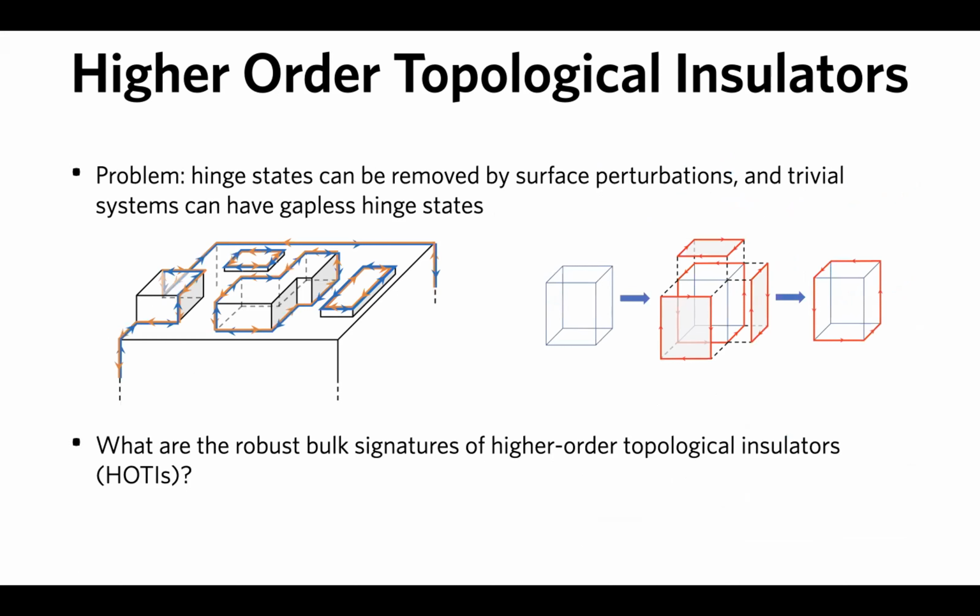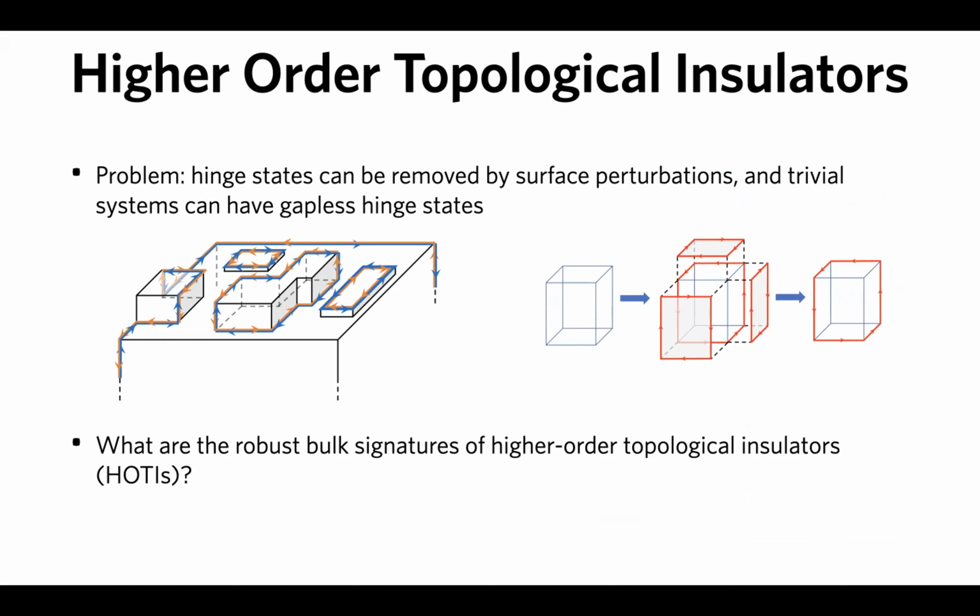And the problem with these one-dimensional hinge states is there's lots of ways to get one-dimensional modes on the surface of some 3-dimensional system. I can have little step defects, and those can have modes that propagate around. I can make defects on the surface that move these hinge states around.